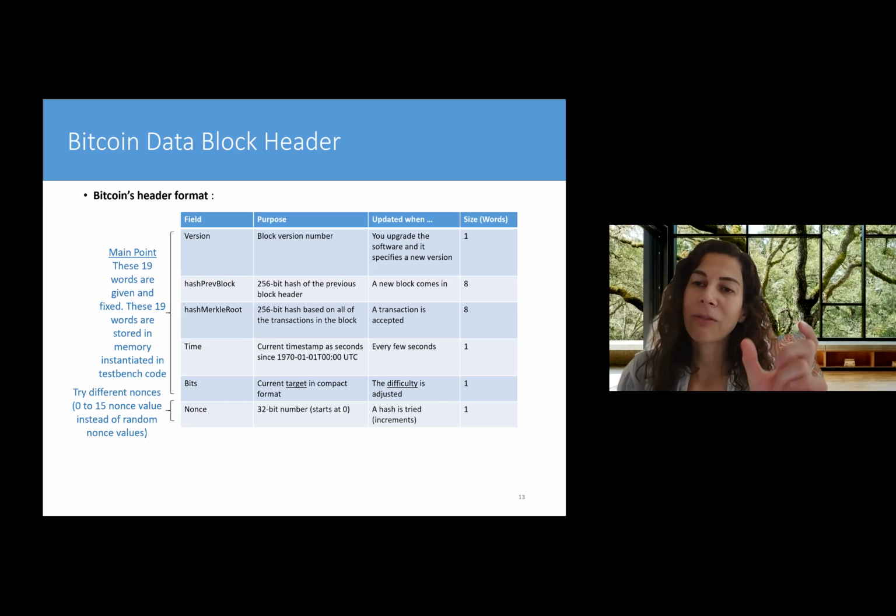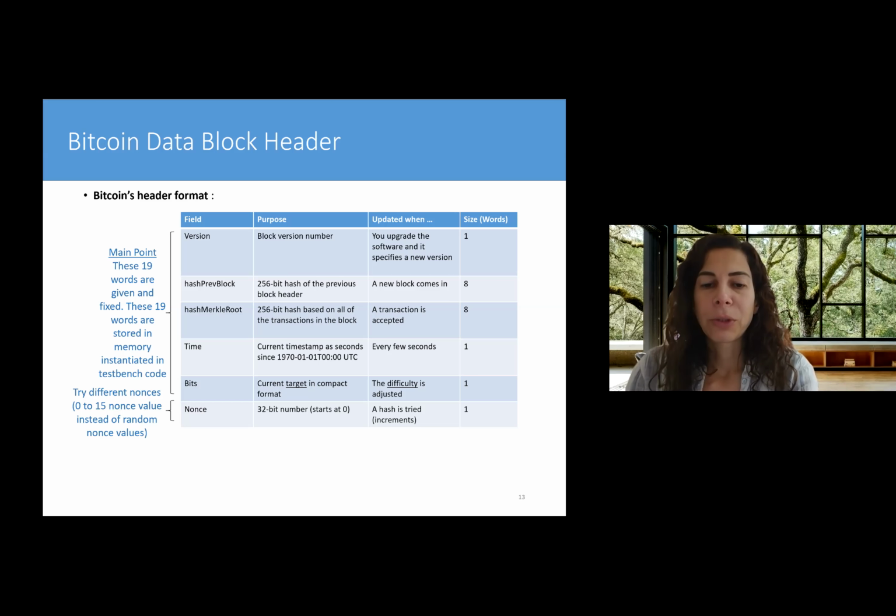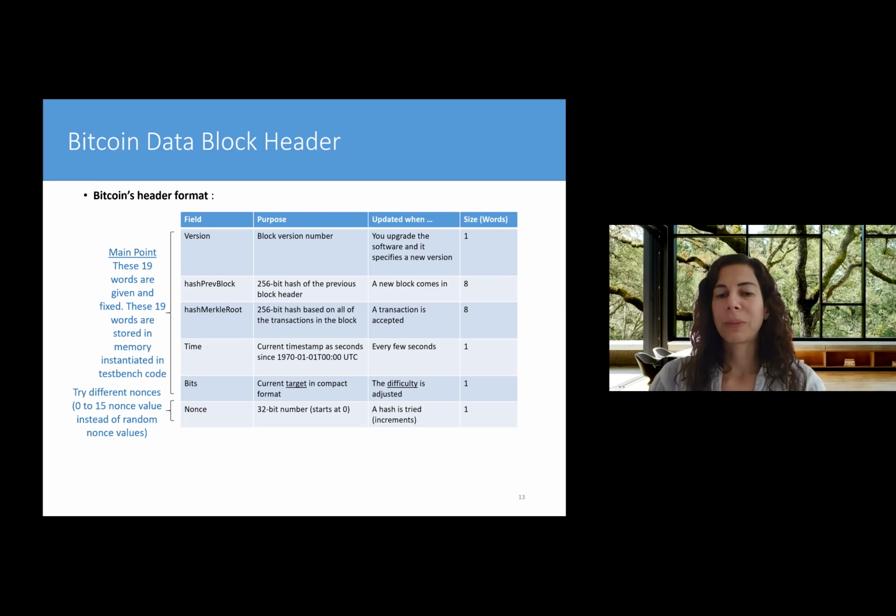Every time they change the nonce, they compute the value of the hash and add it to the transactions, and then we increment the nonce by 1.